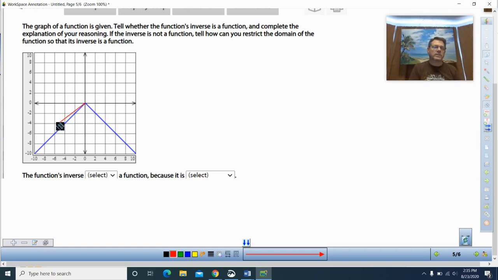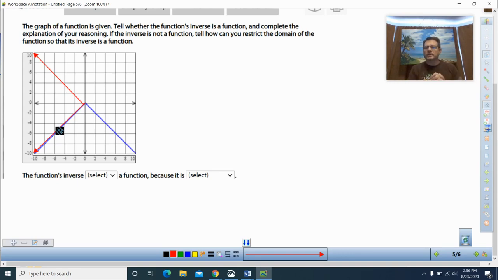You're going to get this and this guy here, right? So if you take the blue function and flip it across that y equals x line, you're going to get this other guy.